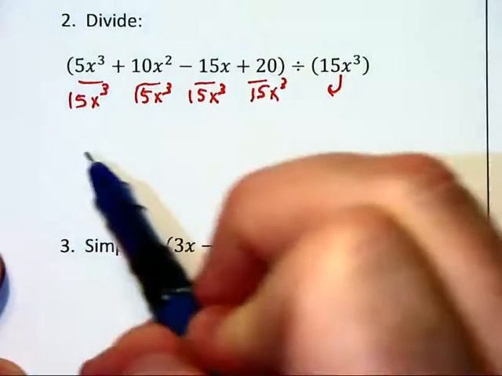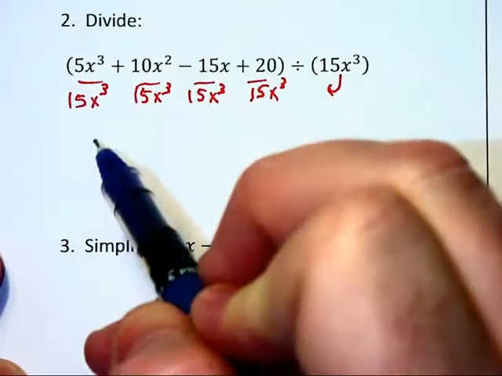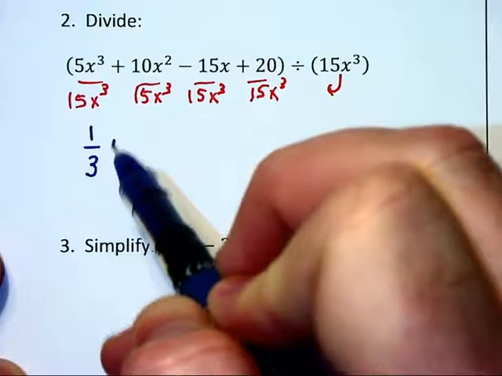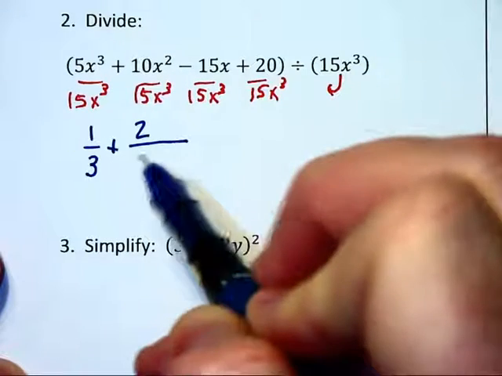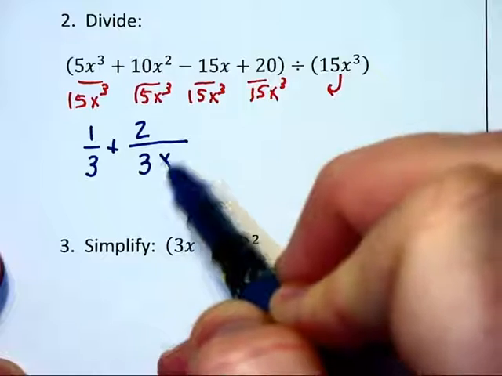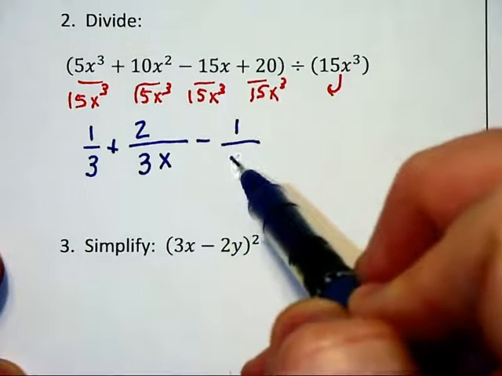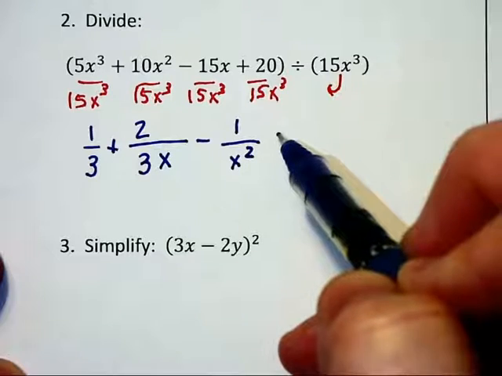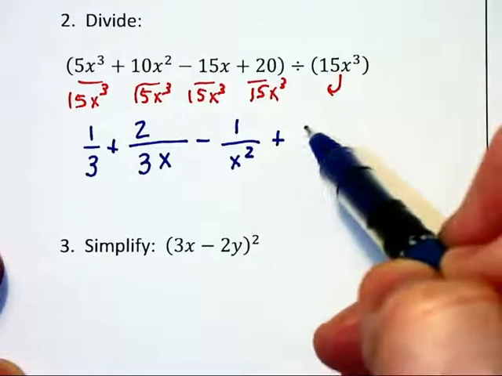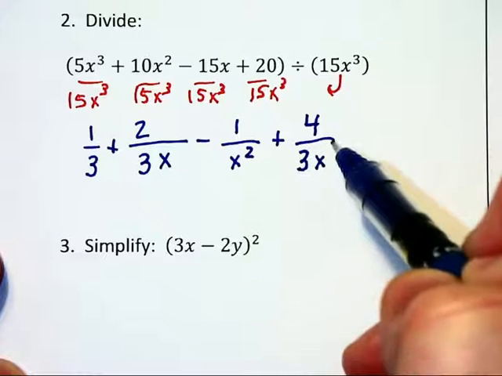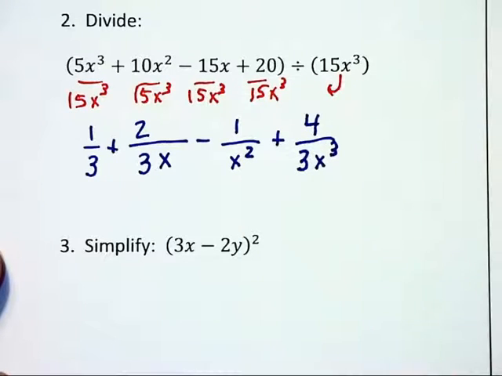So in this first fraction, x cubes cancel, but you will have 5 over 15, which reduces to 1/3, plus what appears to be 2/3 with an extra x down in the denominator, minus 1 over x squared, plus 20 over 15 reduces to 4/3, so 4 over 3x to the third. And that is the solution.